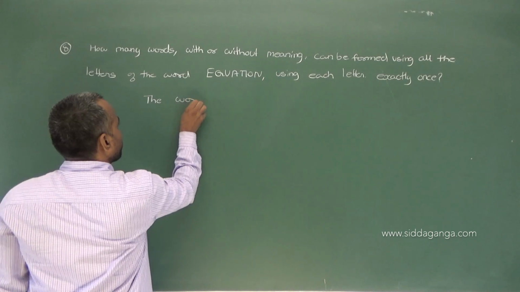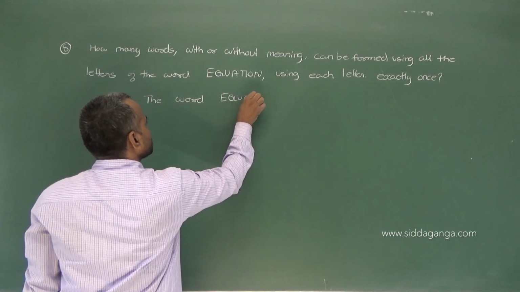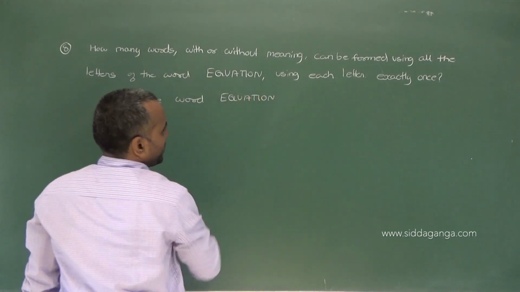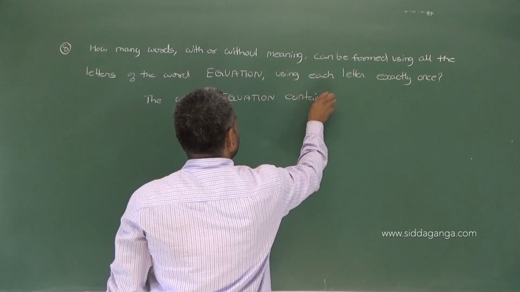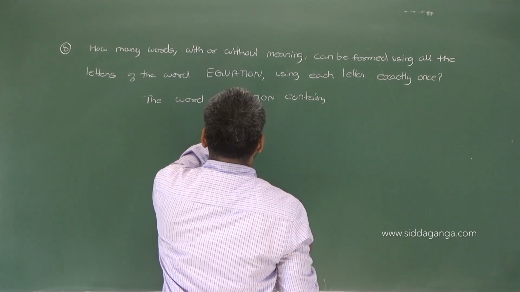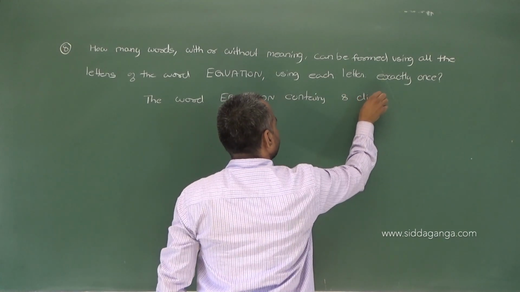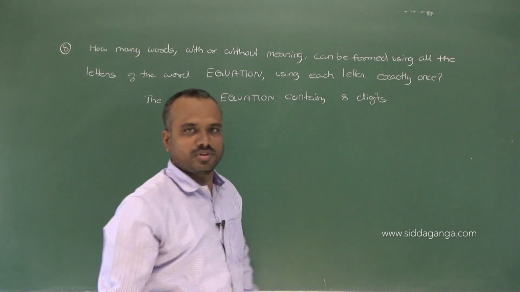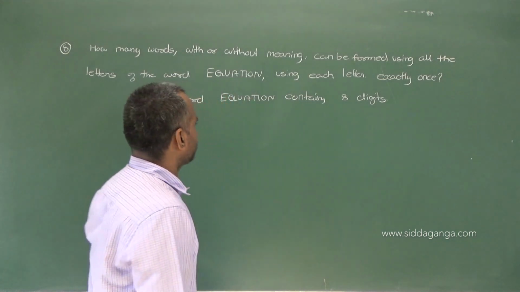The word EQUATION contains how many letters? 8 letters.